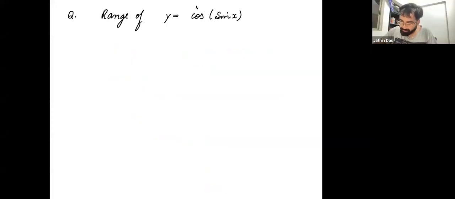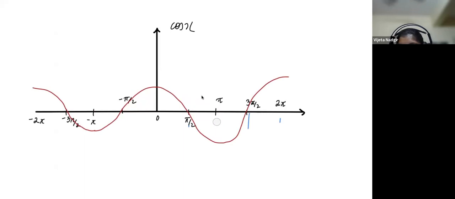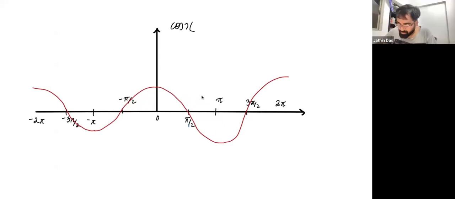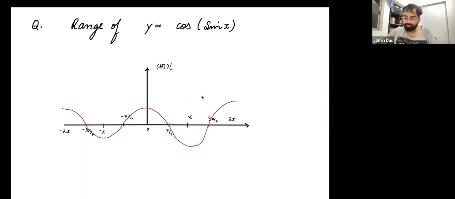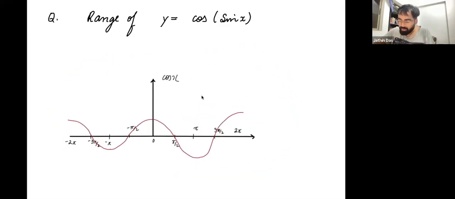Range is -1 to 1. What did you say? -1 to 1 only. Okay. Listen what I did. Now, this argument of cosine can only take values between -1 and 1.